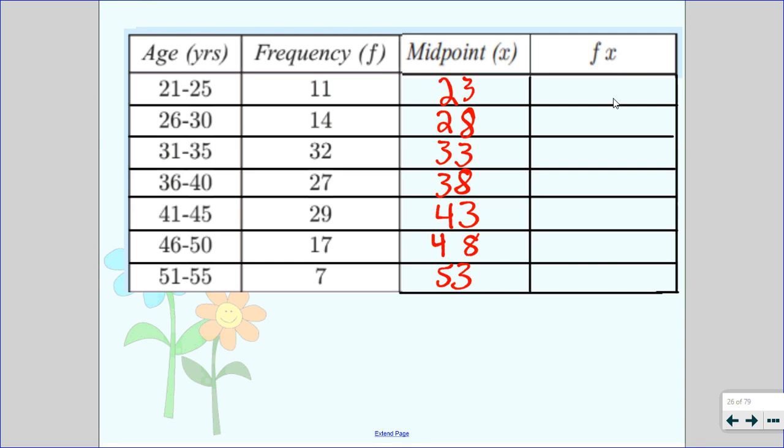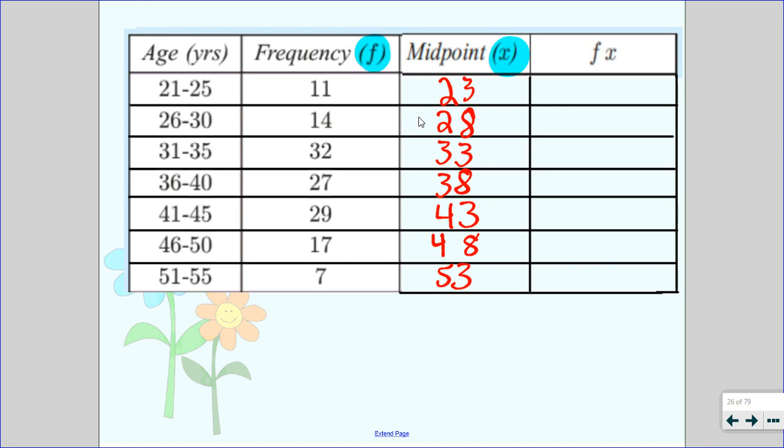Now, fx represents you multiplying the frequency of those ages times the midpoint. The reason you would calculate fx is to find the mean.